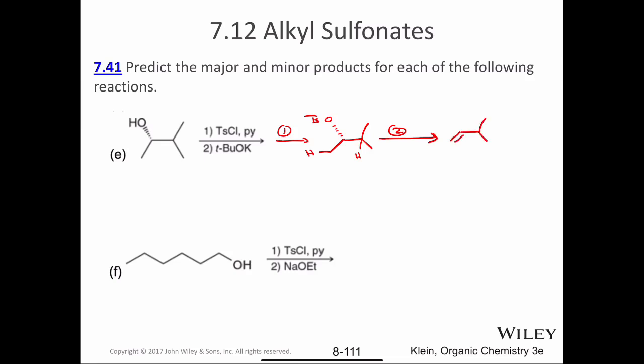I can get this alkene from abstracting this proton, and then I could also get the more substituted alkene by abstracting this proton. So the first alkene, which is the Hofmann product, is going to be my major product, even though it's the least stable alkene, and it's because t-butoxide is a hindered base. So it's going to remove the least hindered proton preferentially.